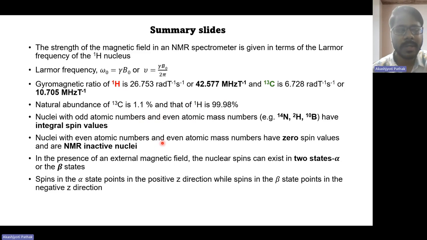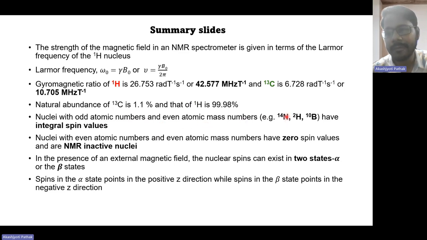Now, what will be the spin quantum number of different NMR active nuclei? An empirical rule is followed over here. We discussed all these in week one. If you remember them, you know this point: nuclei with an odd atomic number and even atomic mass number.